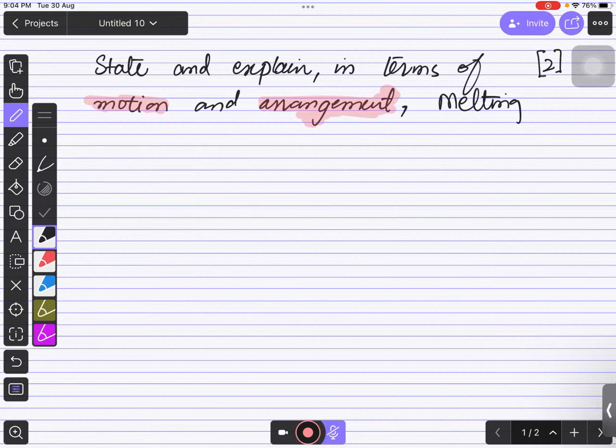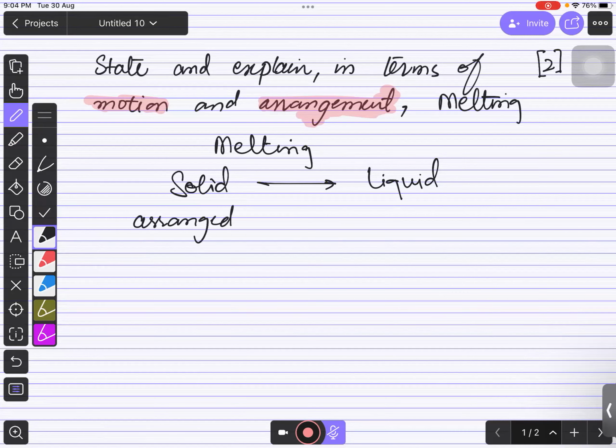Remember, melting is the process in which we have conversion of solid into liquid. So we know that in solid, particles are well arranged, and in liquids, they are disordered.